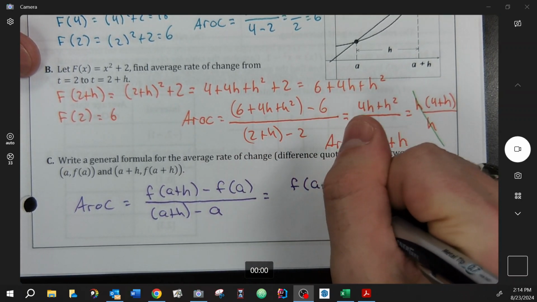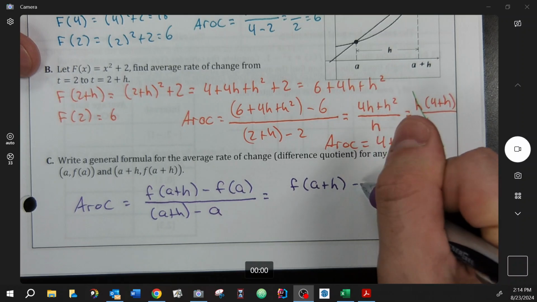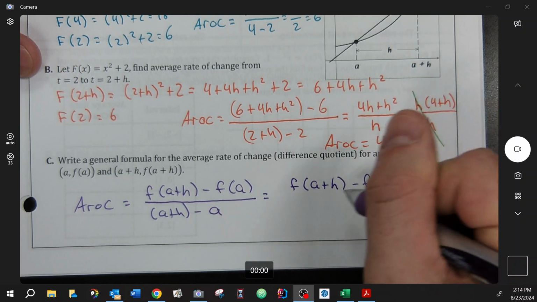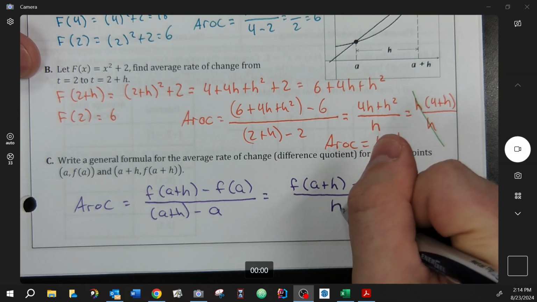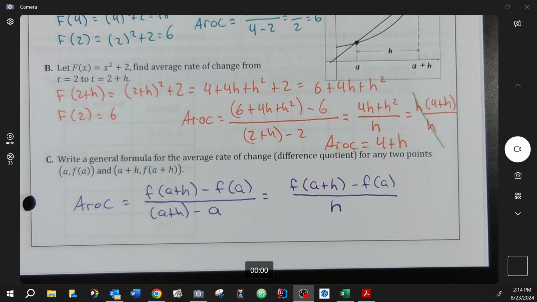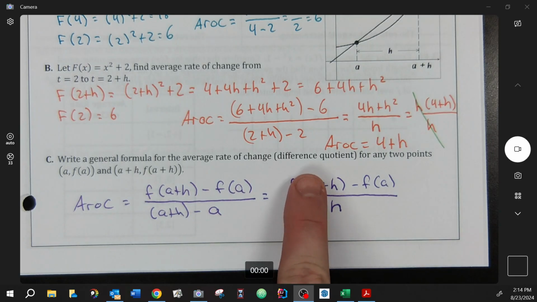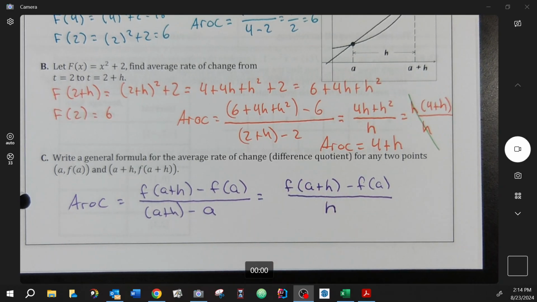On top, there's no way to simplify because you don't have a function to plug into. But on bottom, the a's cancel. This is the average rate of change between any two generic points of a curve. This is known as the difference quotient, and it is the very first calculus thing that you have learned. Barely made it.